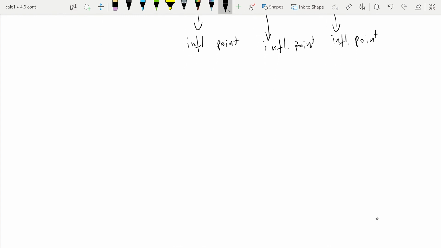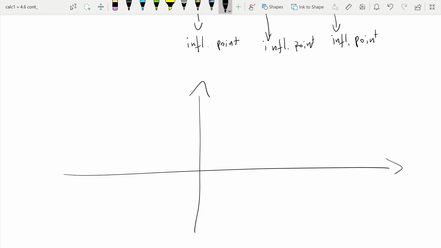So what can we say then about the graph? The graph of f will look something like this. So we know that this is minus 1, this is minus 2, 1, and 2, and we have that at minus 1 and minus 2 we have critical points.